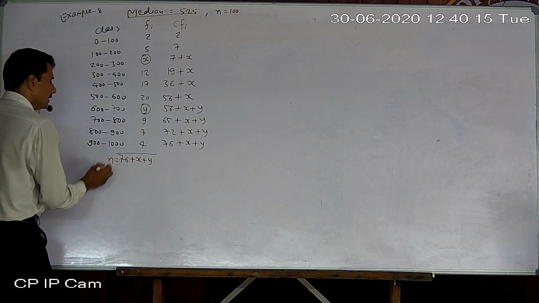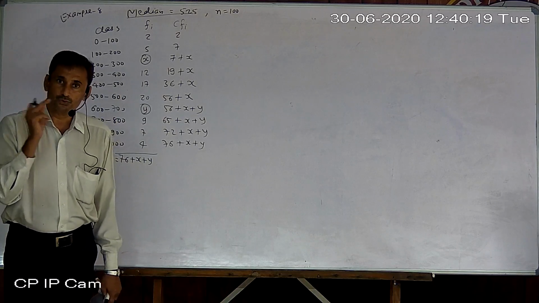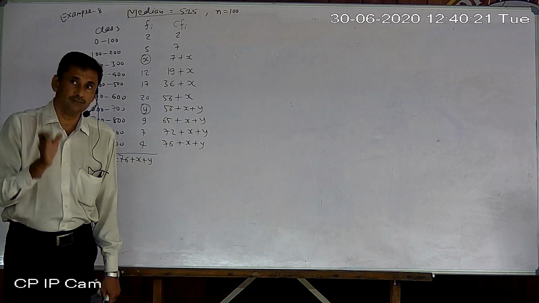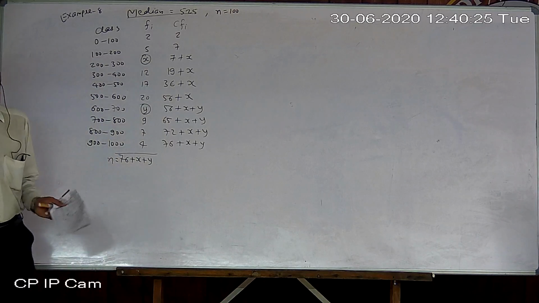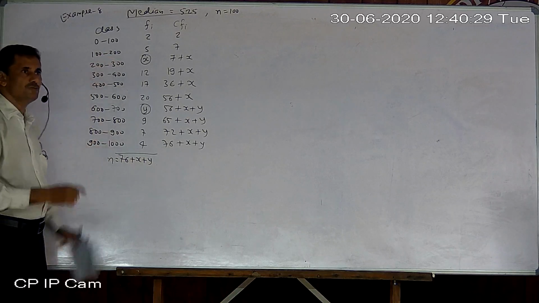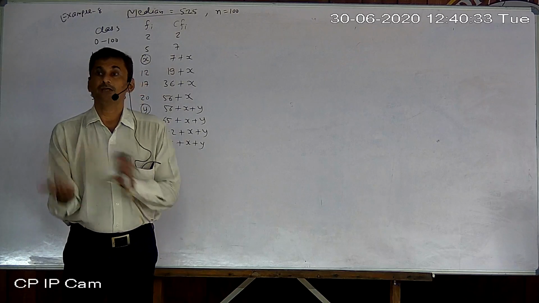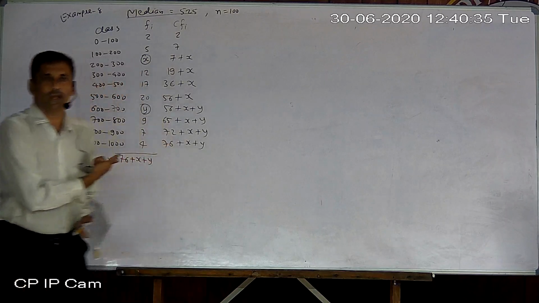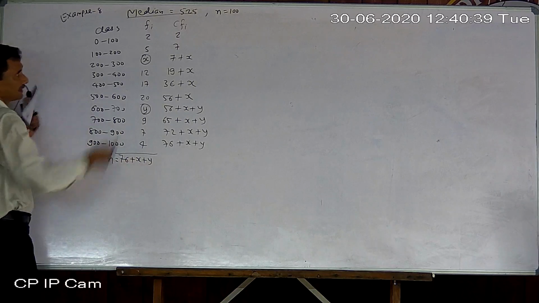Now, in the earlier sum, when two frequencies were missing in the mean, I told you that whenever two frequencies are missing, always sigma fi or n is given. At that time, we have to compare the counted sigma fi and the given sigma fi. Here, counted n and given n. So it is counted only, given is 100.